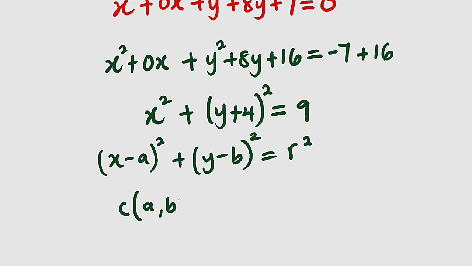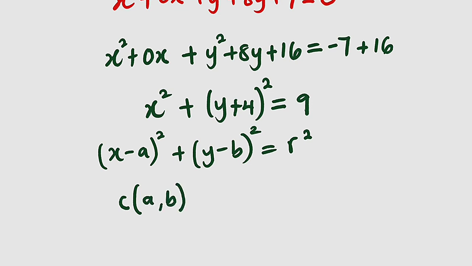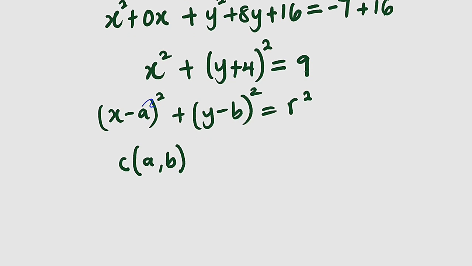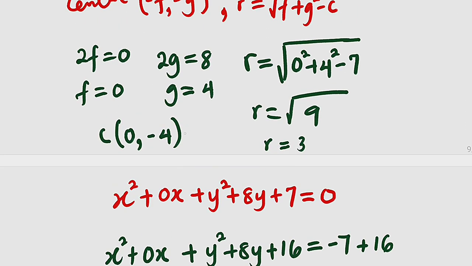A comma b. So now let us start with the center. A here, you can see we have no a here, so we are going to consider it as 0. So the center x coordinate is 0. Then b is this value here, that is negative 4. We have negative 4. You can see they're exactly the same with the previous one, 0 comma negative 4.